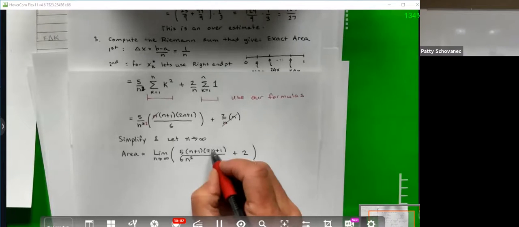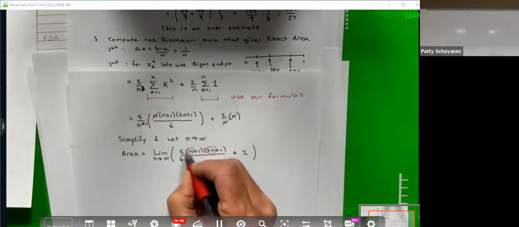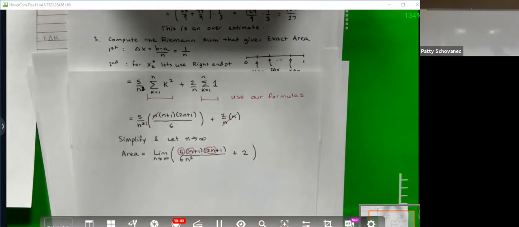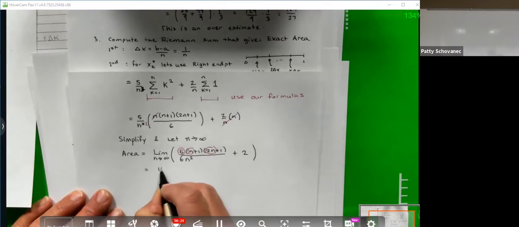Here, if I multiplied 2n with this n, with that 5, I'm going to get my n squared term. And it's going to have a coefficient of 10 n squared, plus some lower level terms. So 10n squared divided by 6n squared as n goes to infinity is just going to give us the 10 divided by 6.